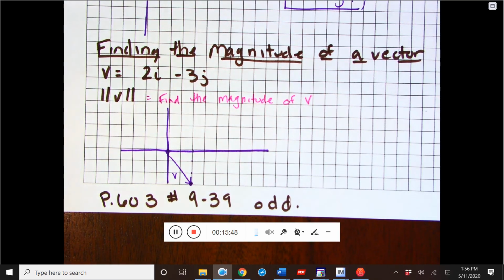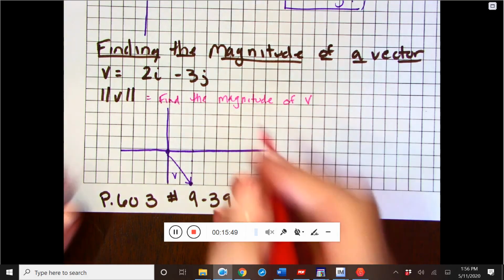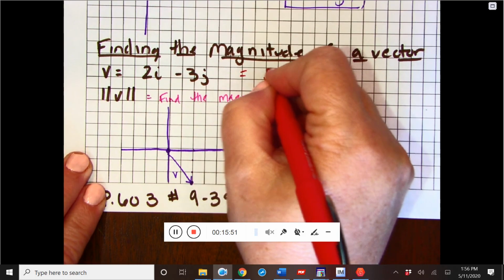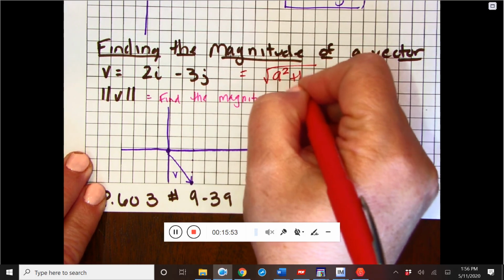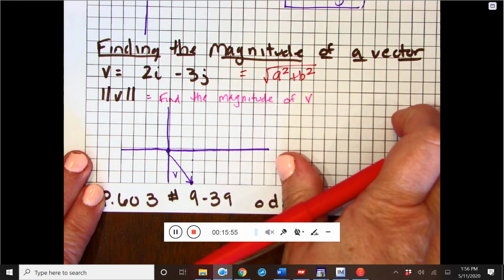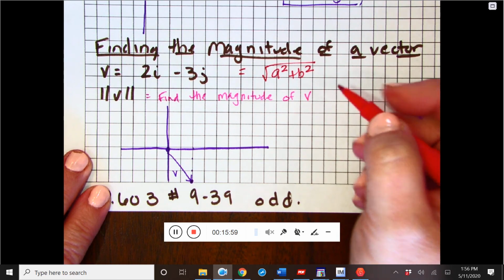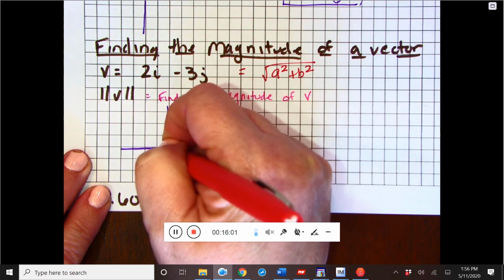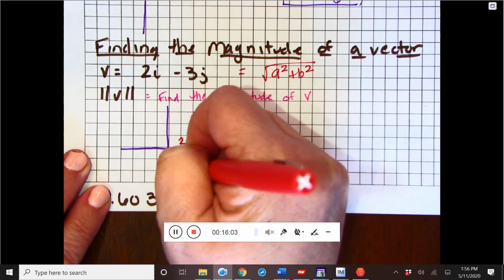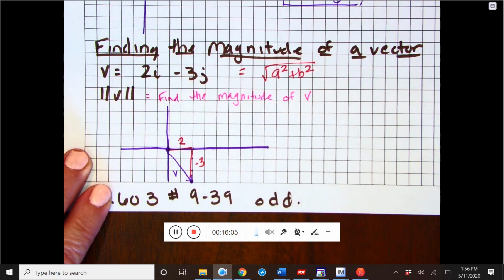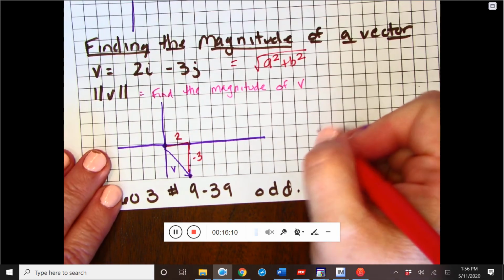Well, the magnitude is a simple formula. I'm going to write the formula down and you'll see where it comes from. It's the square root of a squared plus b squared. As you can see, that's just Pythagorean theorem, because this is 2 units, this is negative 3 units, and that becomes the hypotenuse of the right triangle.